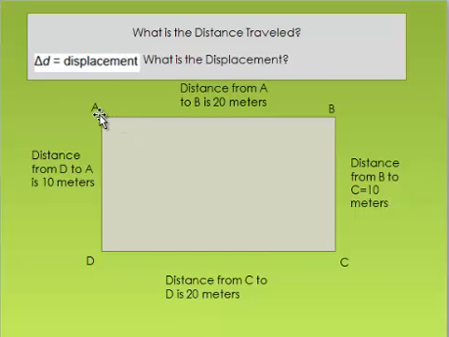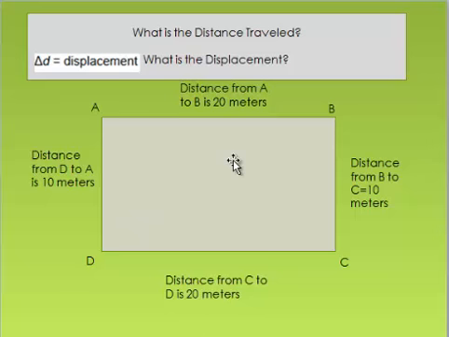So if you live in house A and your friend lives in house D, and you're going to go to their house, you decide to take the scenic route around the block and go from point A to point B, B to C, and C to D to get to your friend's house. The total distance traveled would be 20 meters plus 10 meters plus 20 meters. So that would be 50 meters if you decided to take the scenic route from A to D.